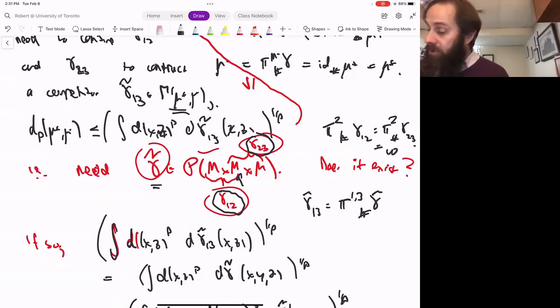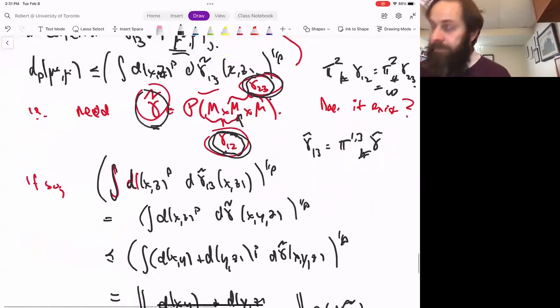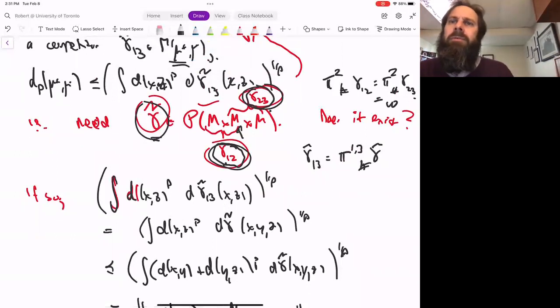So if I have a marginal on the first two factors and a marginal on the last two factors, which are consistent in the sense that they both project to omega, can I find a triple measure on the triple space having its marginal projection onto the first two be this thing and its projection onto the last two be that thing? That's the question. Is it clear what the question is? Does anyone know what the answer is?